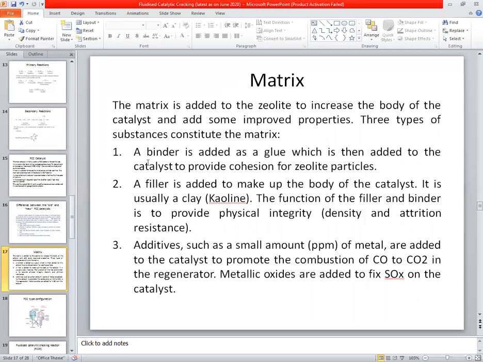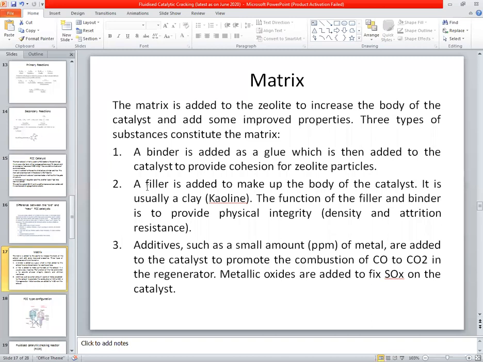One is binder, such as glue. Binding is actually to provide the cohesion of the zeolite particles, because zeolite is the main catalyst. In between the zeolite particles, if you want to increase the cohesion, we use binder like glue. Another matrix used is called filler.